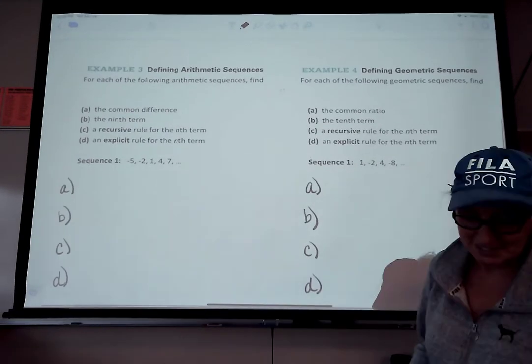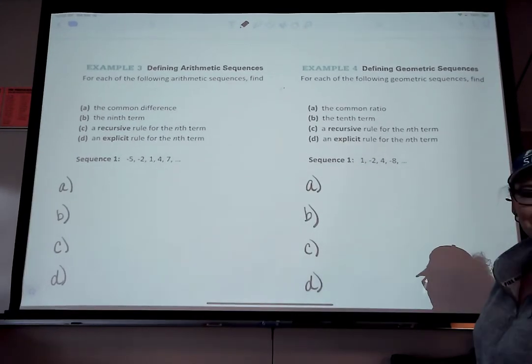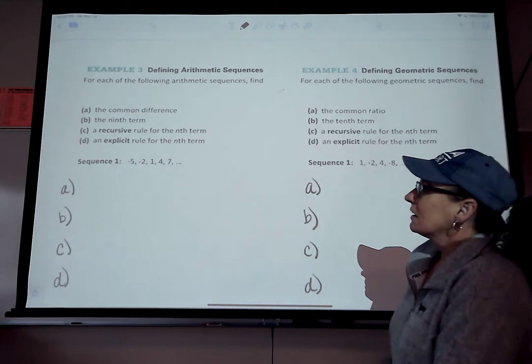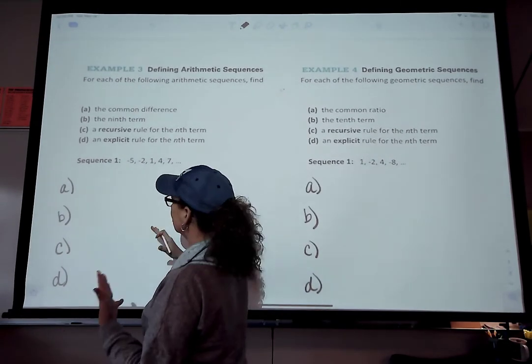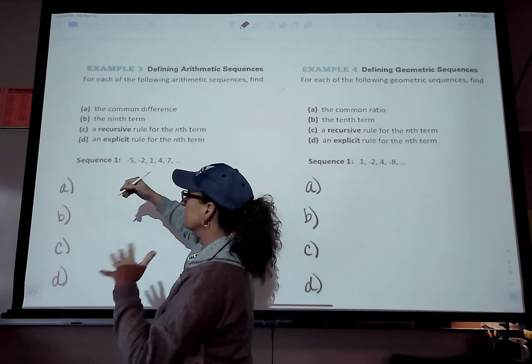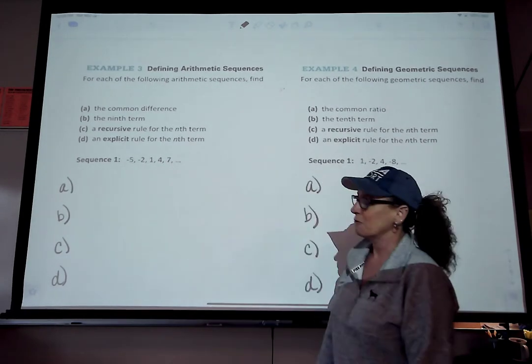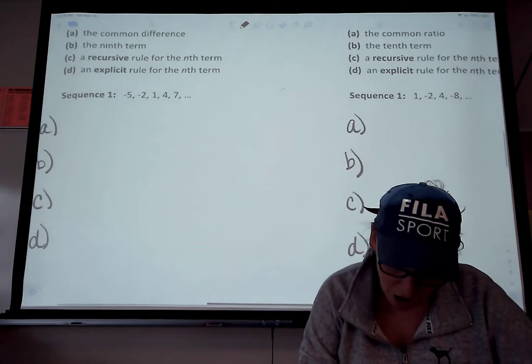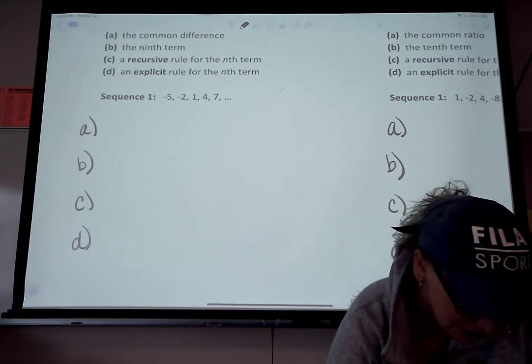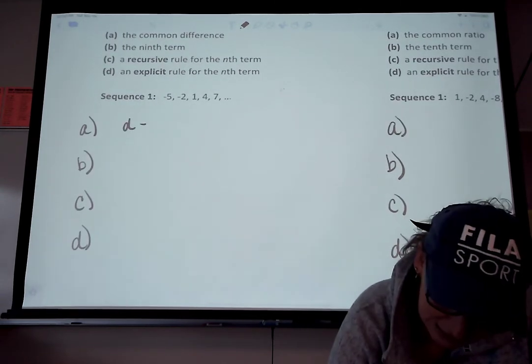Moving on. Examples on the back. The two on the left are arithmetic sequences, it tells me so. Identify some stuff about it. So, common difference. For the first one, it looks like we are adding 3 each time. So I'm going to say d equals 3.